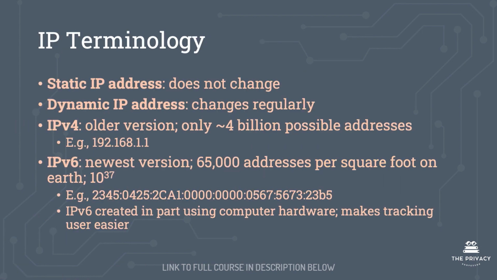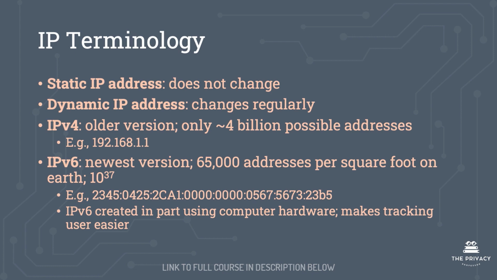IP-related terminology. You need to understand the difference between a static IP address and a dynamic IP address. In short, a static IP address is one that does not change, whereas a dynamic IP address changes regularly. There are currently two widely used versions of the Internet Protocol, or IP.